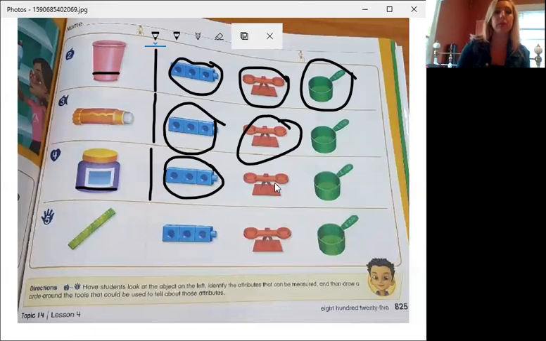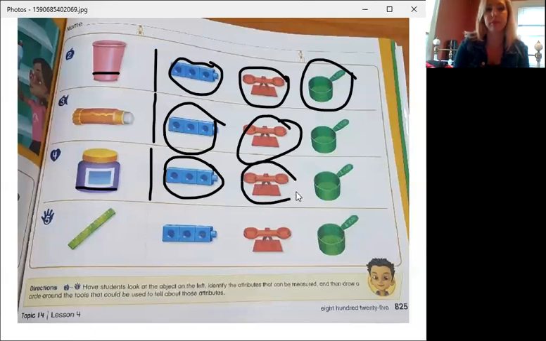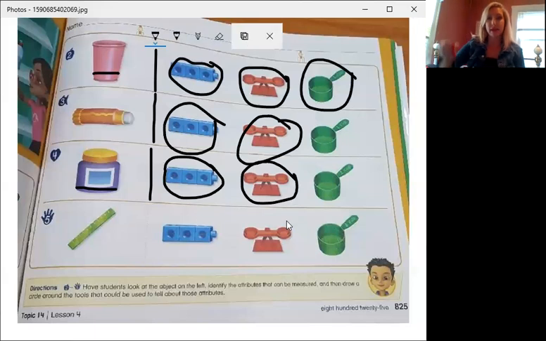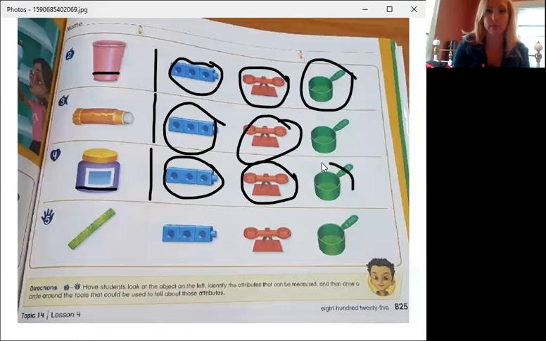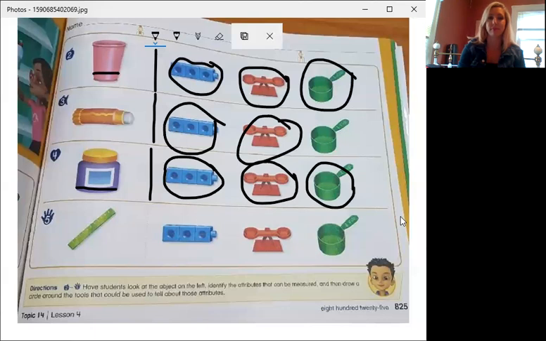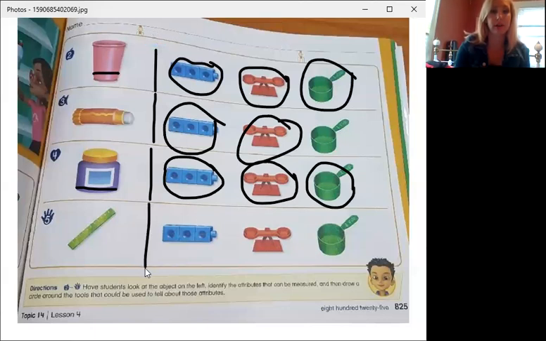Yes, we could put this on the scale. Can we pour the paint into the measuring cup? Yes. All right, next one.